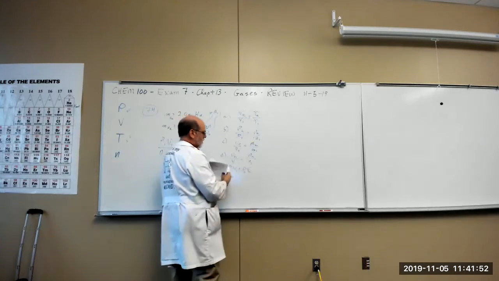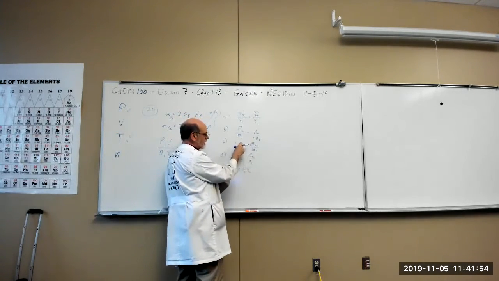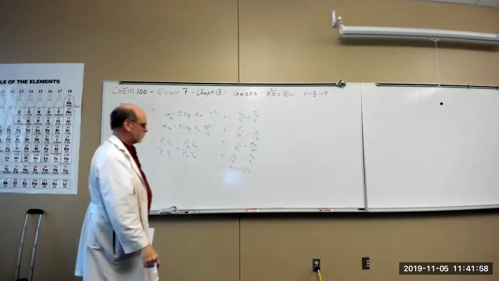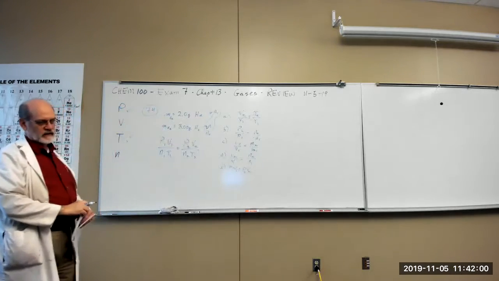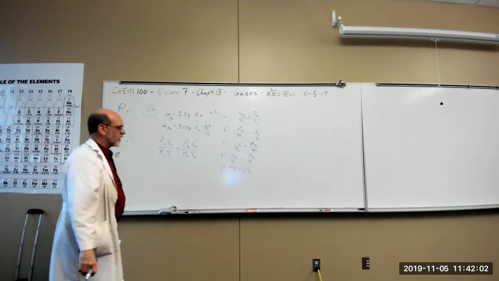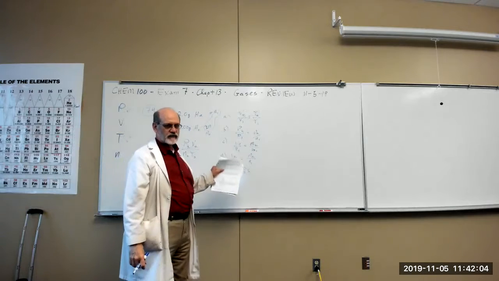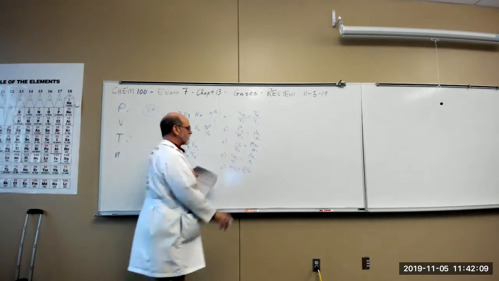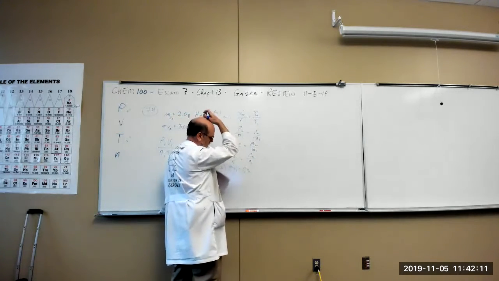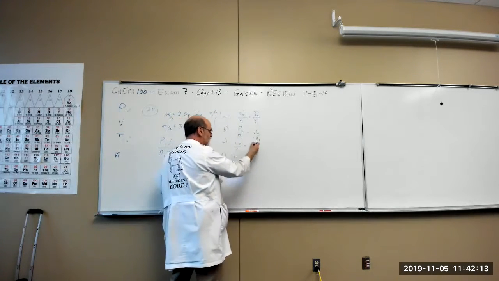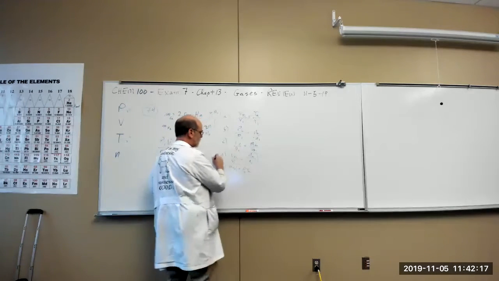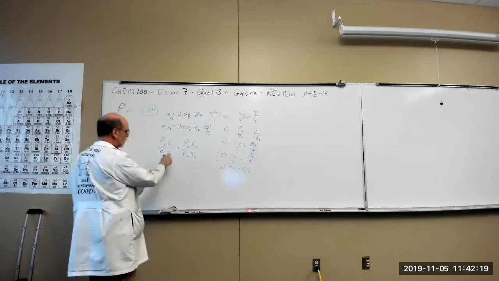Now, can we say that the volume is related to masses? No. The gas laws say nothing about relationships of volume and masses. They may imply, but you first have to make conversions. So masses don't count. This is the only one that makes sense. V2 over V1.